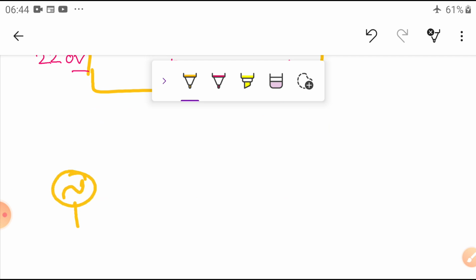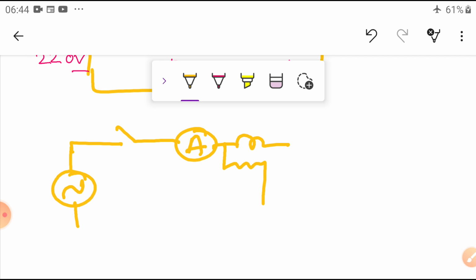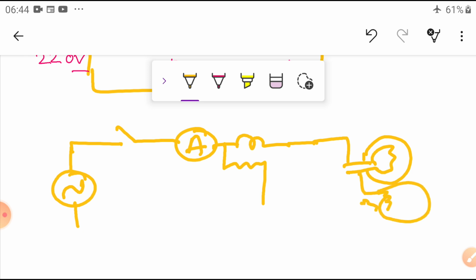Now I connect one ammeter, and one wattmeter is also connected here, and here one bulb is connected. Similarly, another bulb is also connected, so the bulbs are connected in parallel.